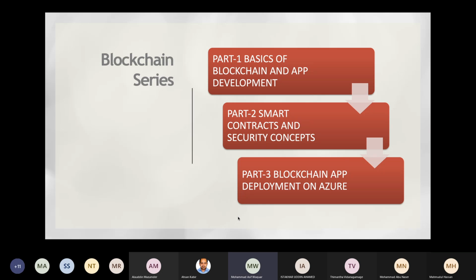And in part three, we will discuss blockchain deployment on Azure, meaning how we can deploy the blockchain on the Azure platform. So this is the agenda for the upcoming series.